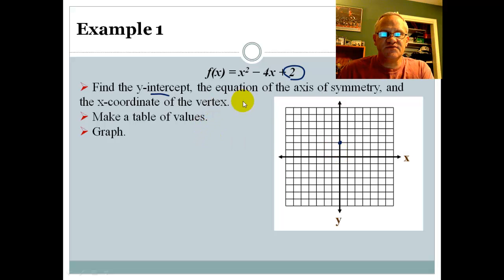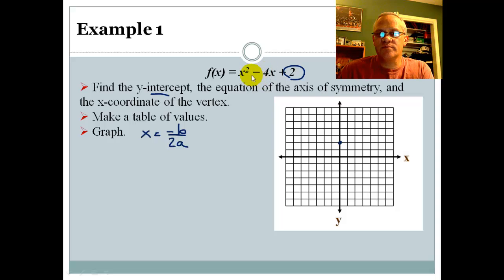Now let's find out some of this other stuff, the axis of symmetry. So remember what we have to do for the axis of symmetry. x is going to equal the opposite of b over 2a. So what's b? If you look at this here, b is the number in front of x, and whatever sign it has is part of b.